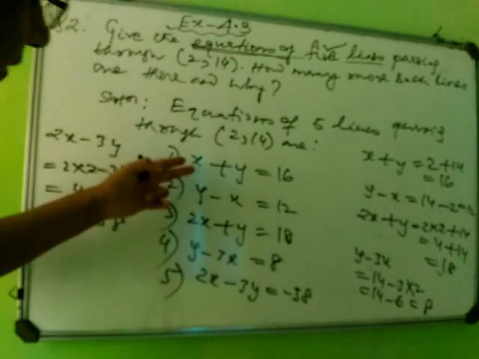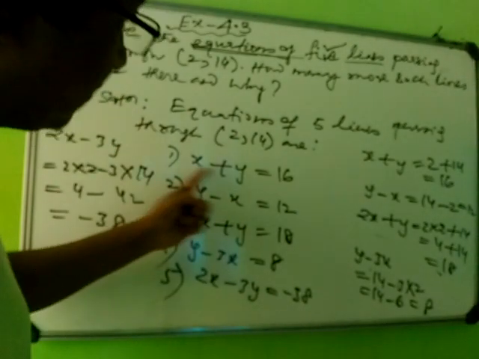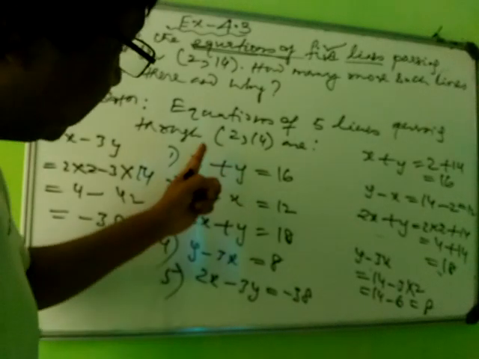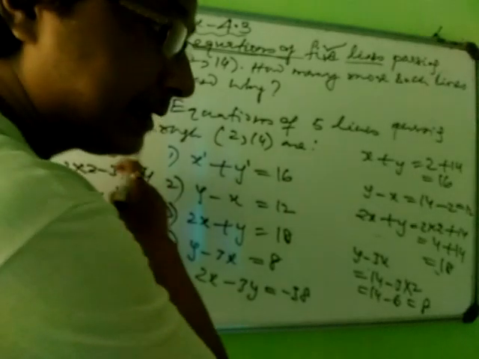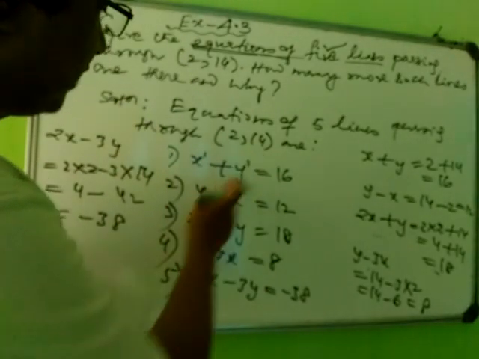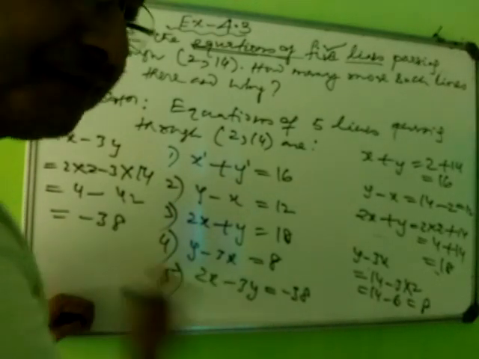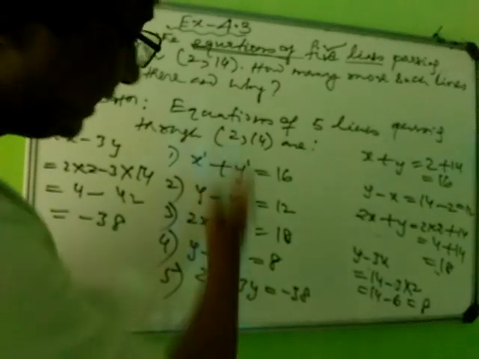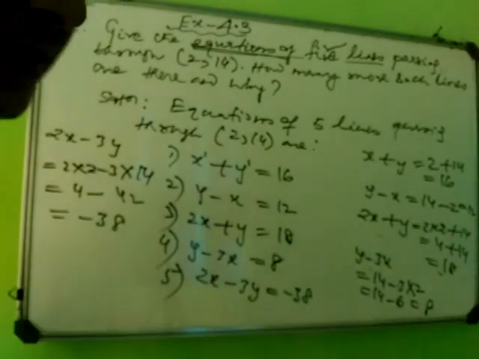So these are the 5 equations of the straight lines. They have said straight lines because they are all linear equations. The degree is 1. If the power of the variables of the equation is 1, here x is 1, y is 1, all these you will get the powers 1 of the variables. So these are called the linear equations, and every linear equation will produce a straight line.